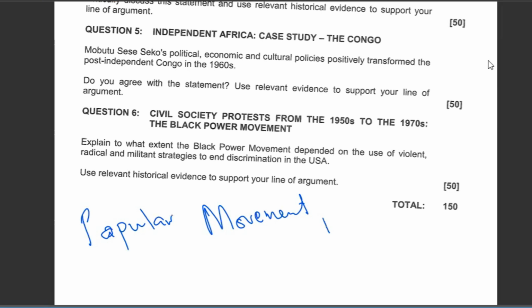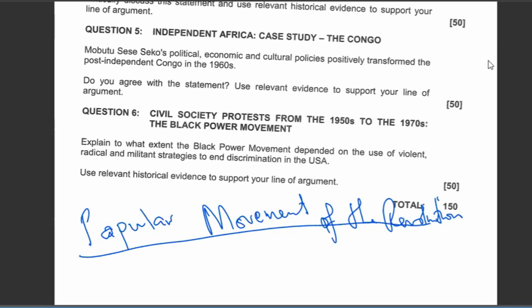That's the name of the party in English. But if we are to put it in French, remember, the official language which was used, and which is still being used in the Democratic Republic of Congo, is the French language.